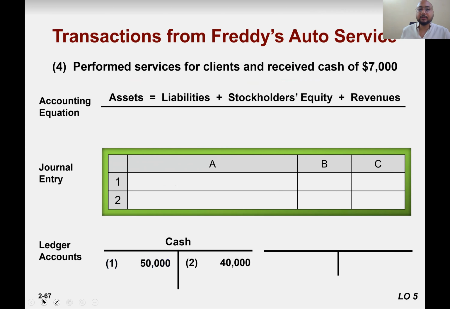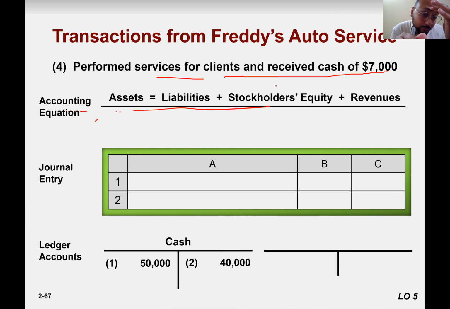Now let's move on to the fourth. Performed services for clients and received 7,000 cash. Now you tell me which two accounts are going to be hit by this transaction. By the way, we already did this transaction in our previous lecture through the accounting equation, so we do not have to worry about that.